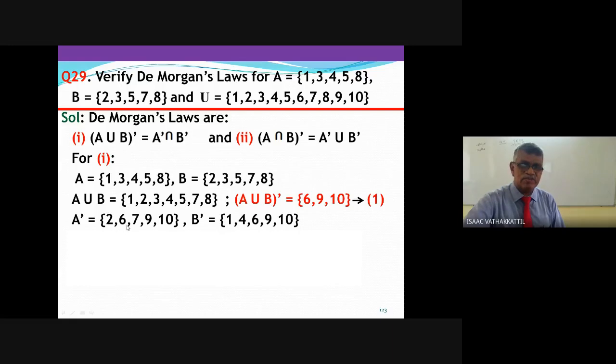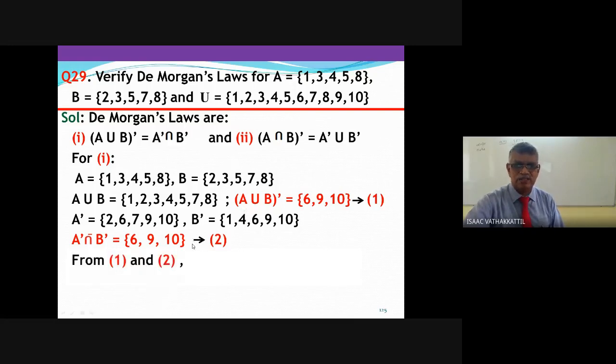A dash intersection B dash. 6 is common, 9 is common, 10 is common. A dash intersection B dash is 6, 9, 10. So the first one is agreed: A union B whole dash is A dash intersection B dash.